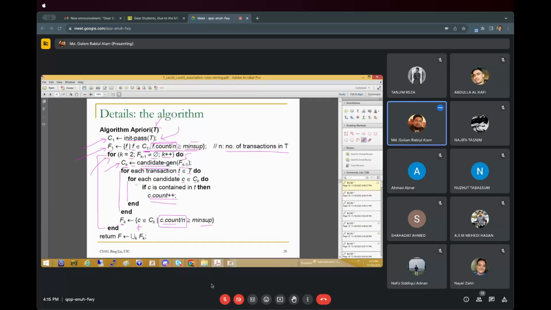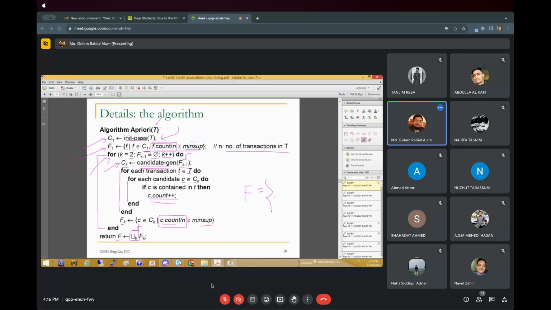After that, we have to return the F, which is the union. In our frequent item set we have to add the item sets of one item, of two items, like this. So in this k equal to 2 case, we can say union of k.